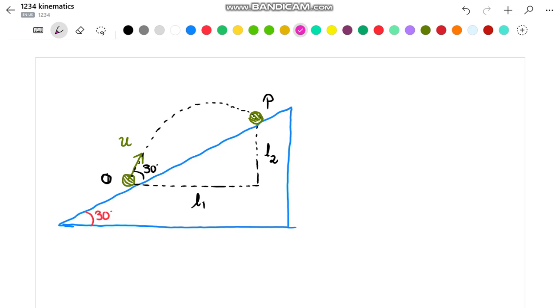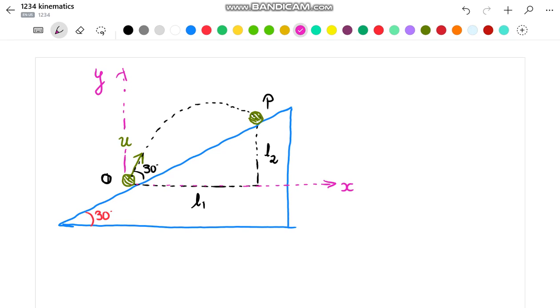So it is evident that for solving this problem, I am about to consider this direction as positive x and this vertically upward direction as positive y direction.